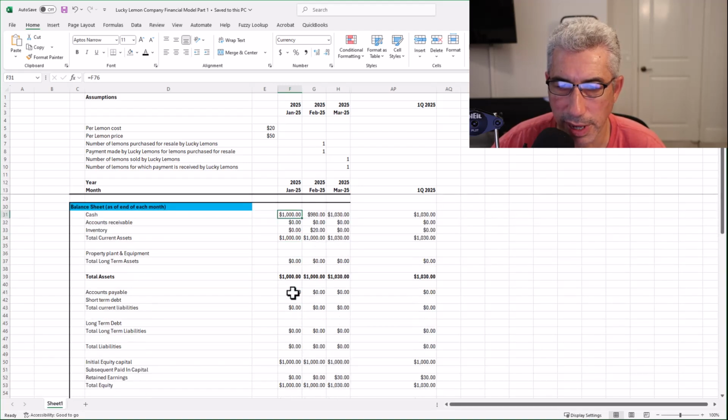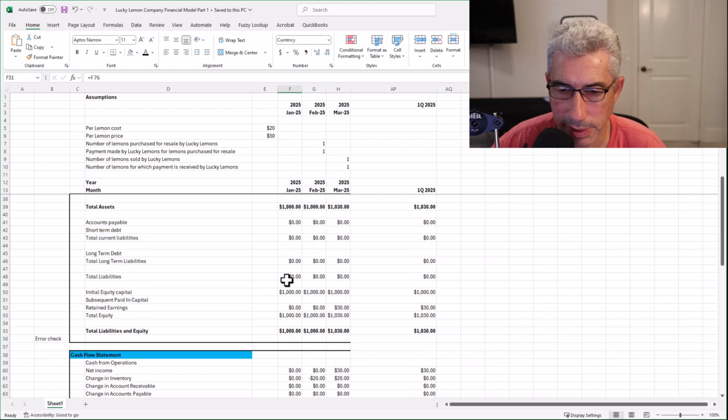We just contribute $1,000, and so we have $1,000 of cash in the bank. Total current assets are $1,000. Here, total assets $1,000. We have equity capital of $1,000. So total equity is $1,000. So total liabilities and equity is $1,000.